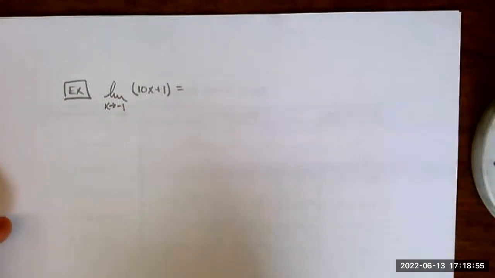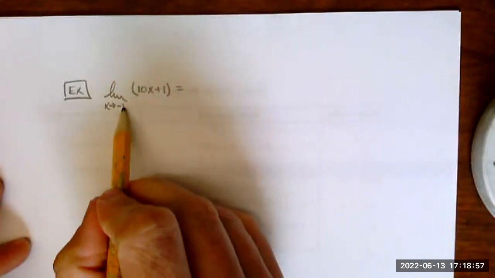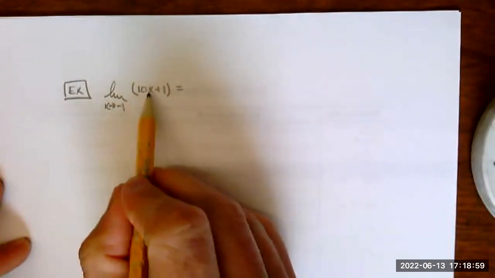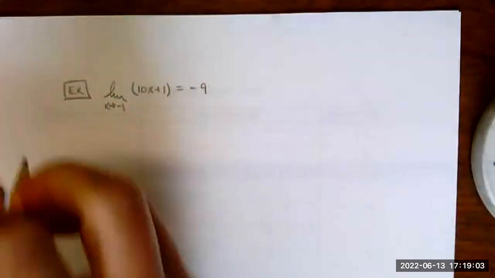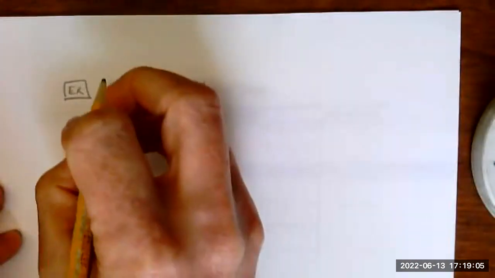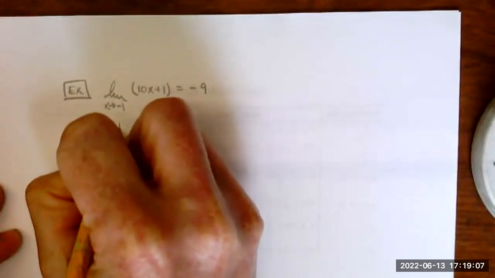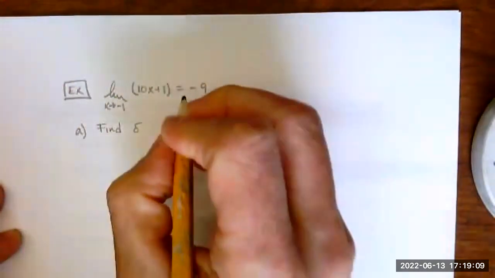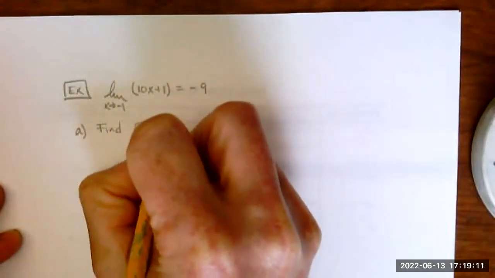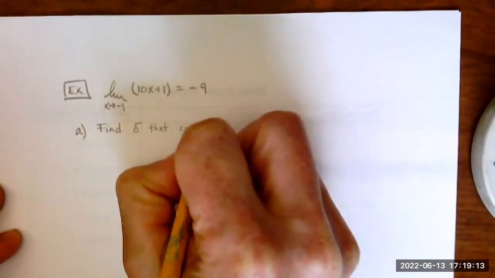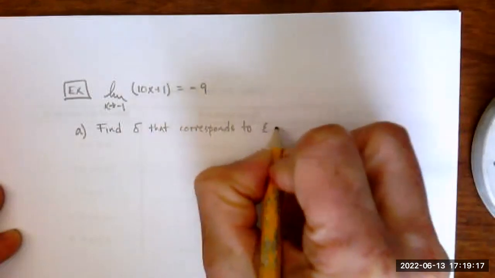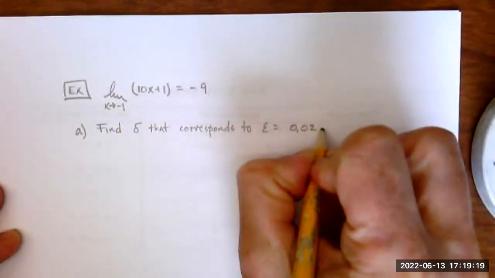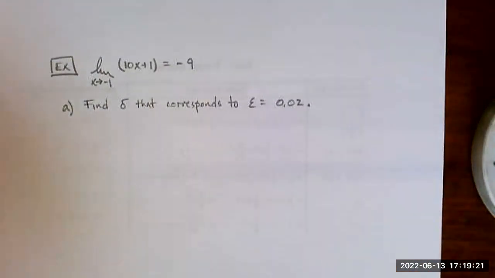We can say, well, we were told what it equaled, but even if we just plug it in, we can confirm, right? -10 plus 1, that would equal -9. So in part A, find delta that corresponds to epsilon equals 0.02. Okay.